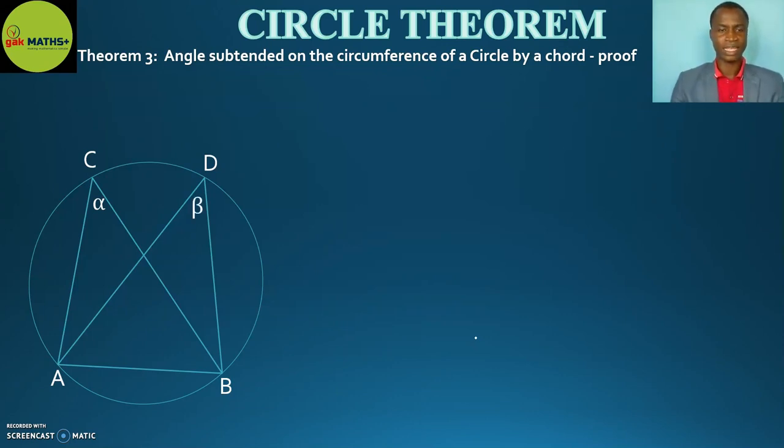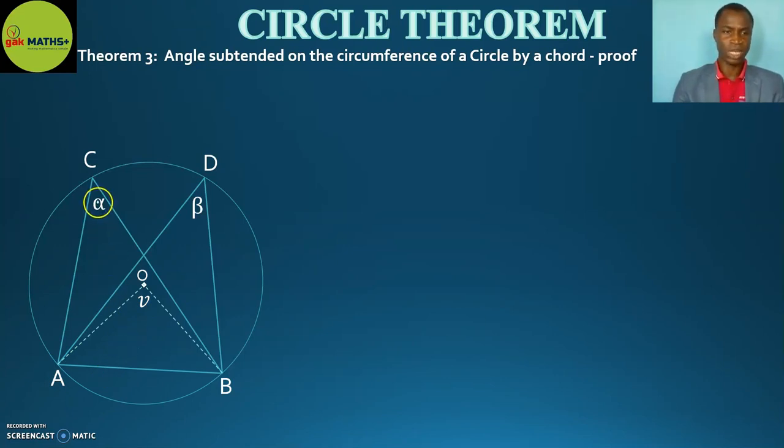Now, locate the center of the circle and label it O. Let's draw a line from the chord AB to the center of the circle and label the angle subtended at O as V. From our first theorem, we know that the angle subtended on the circumference of the circle and the one subtended at the center of the circle from the same arc has a beautiful relation.